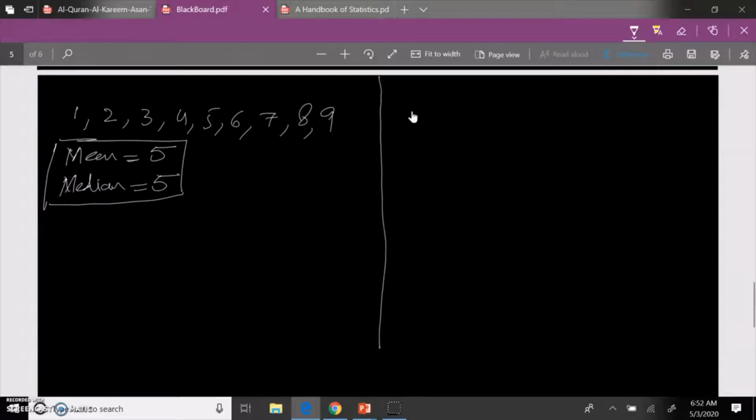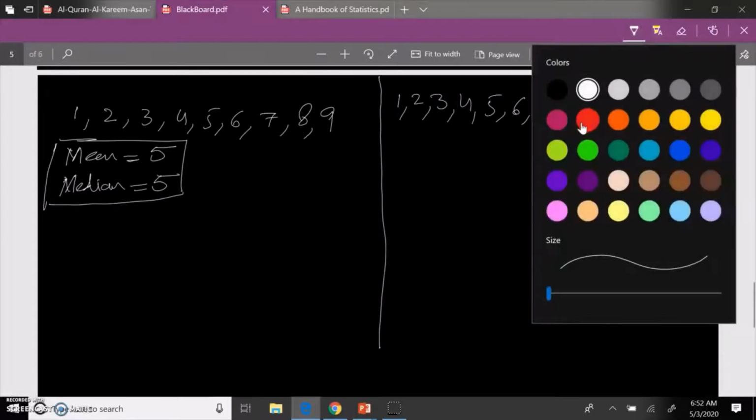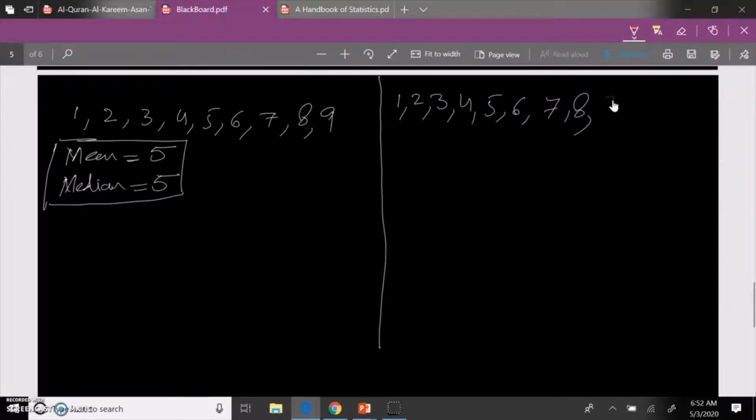Let us suppose I take another data set, and my data set is 1, 2, 3, 4, 5, 6, 7, 8. Now instead of a 9, I write 99. So look at the difference.